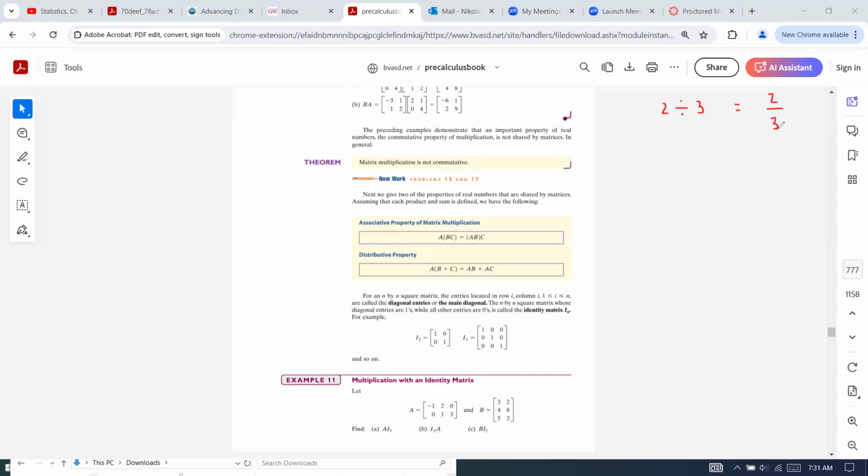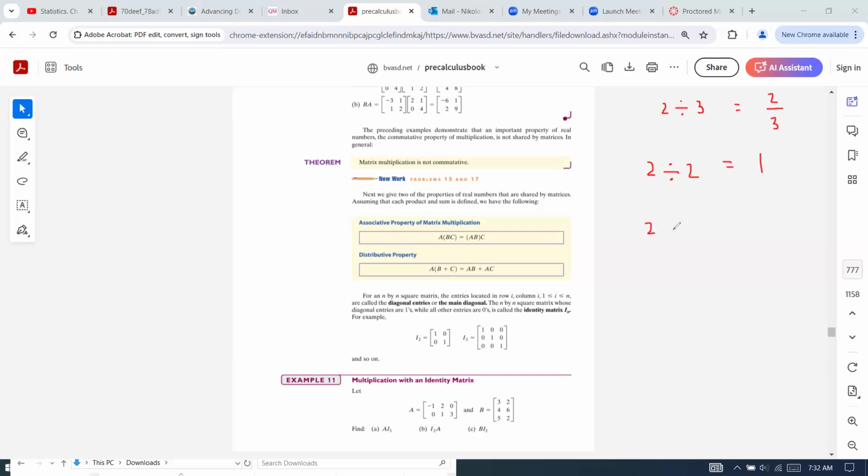Well, first of all, you can find the so-called inverse of a number. So for example, if you divide the number 2 by itself, you're going to get 1, right?